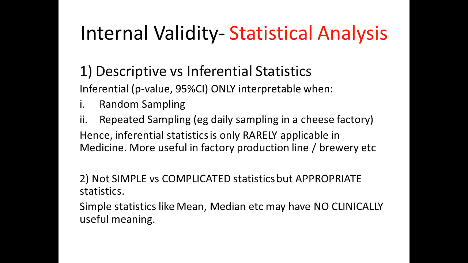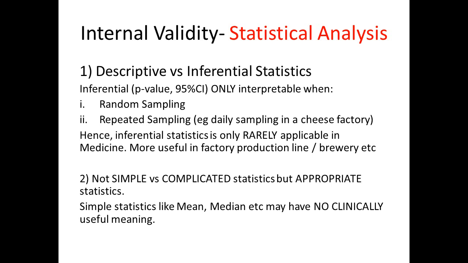Unfortunately, this is only interpretable under certain strict conditions. Firstly, there should have been random sampling, and the sampling is repeated. For example, there is daily sampling of all the cheese blocks in a cheese factory, right? So inferential statistics is only rarely applicable in medicine because we don't do random sampling for medicine, very rare.